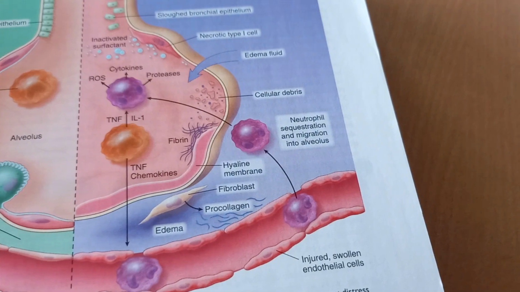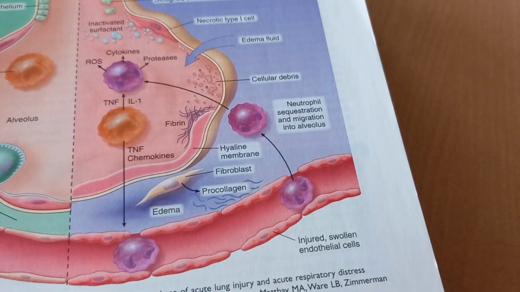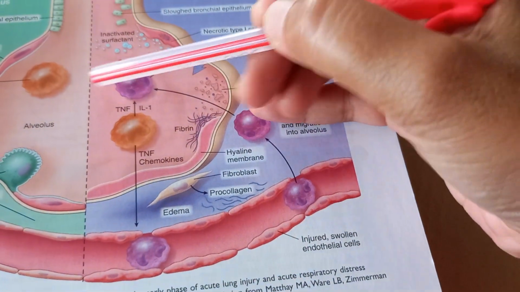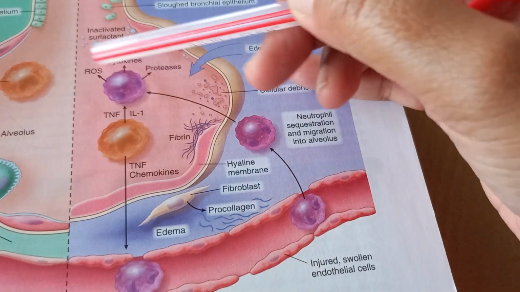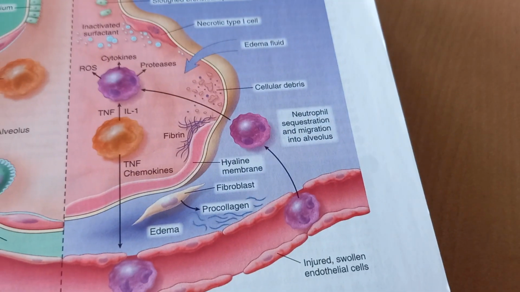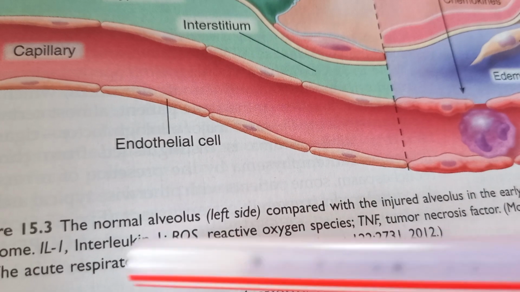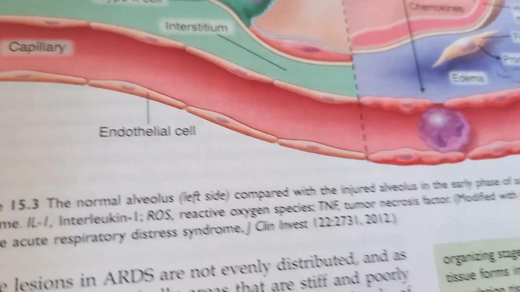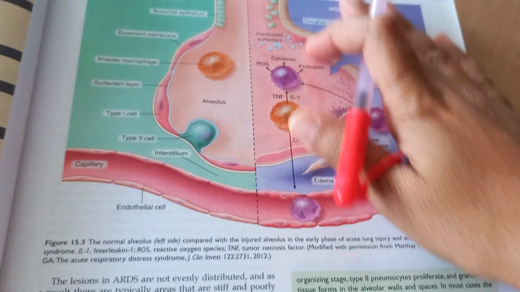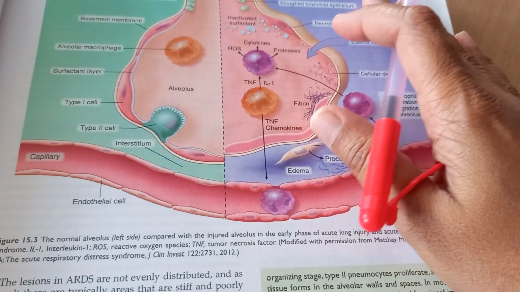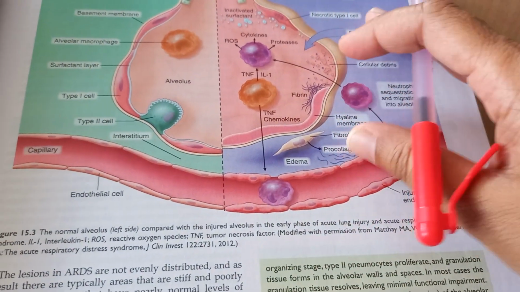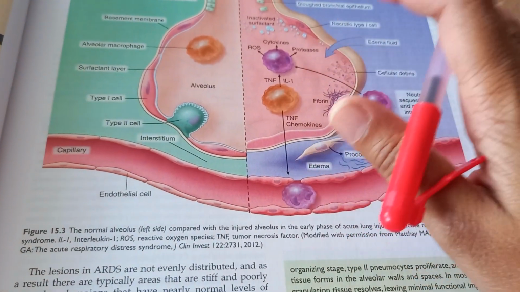What exactly is this purple one? Okay, it's a neutrophil. That is producing your cytokines and proteases and ROS. What is ROS? They have mentioned here, reactive oxygen species. So this is what is happening in an injured alveolus in the early phase of acute lung injury, acute respiratory distress syndrome.